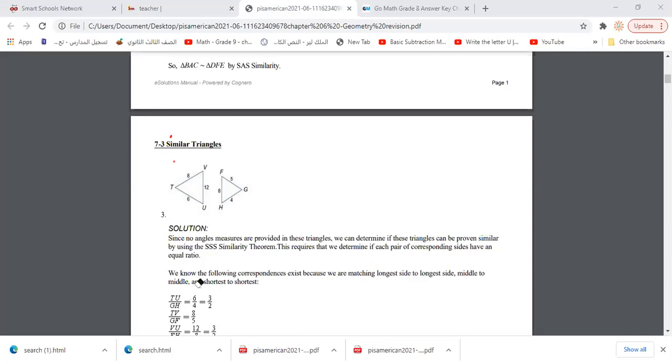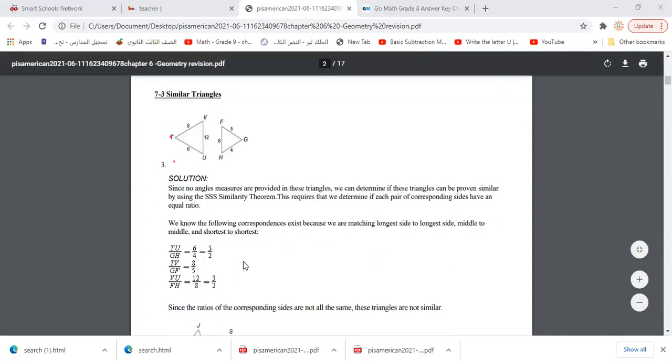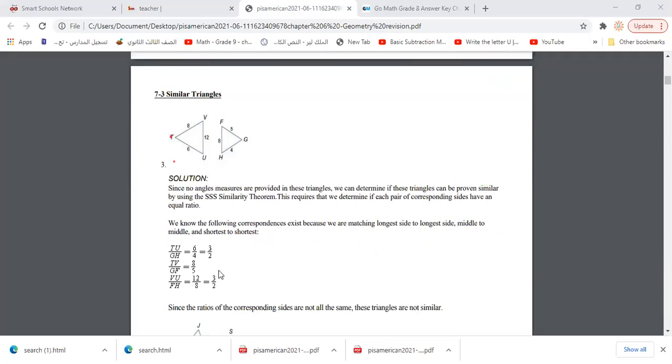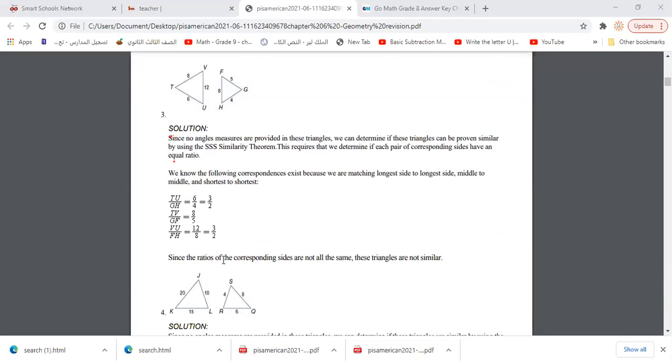After that, we have TV over GF, 8 over 5. And the last one is VU over FH, which is 3 out of 2. Are these ratios equal? No. Then the triangles will not be similar.